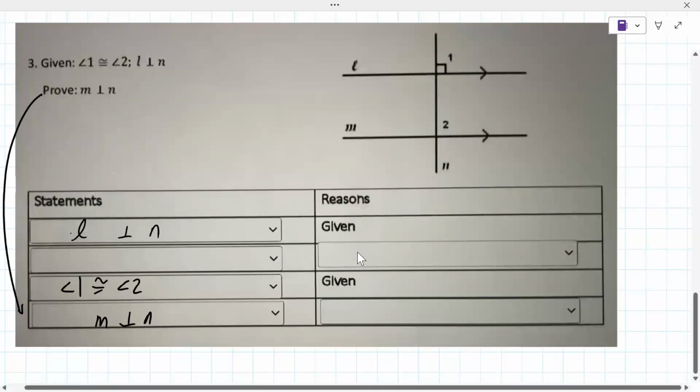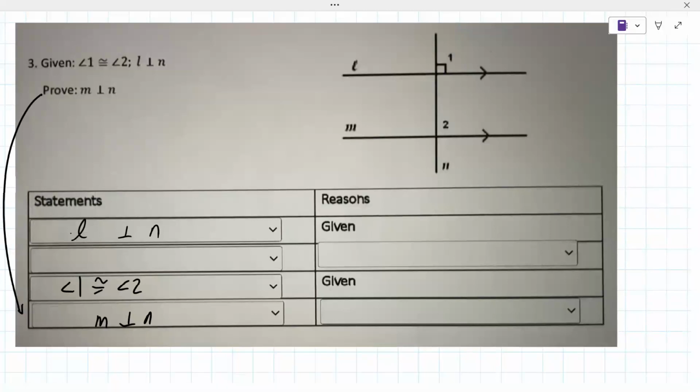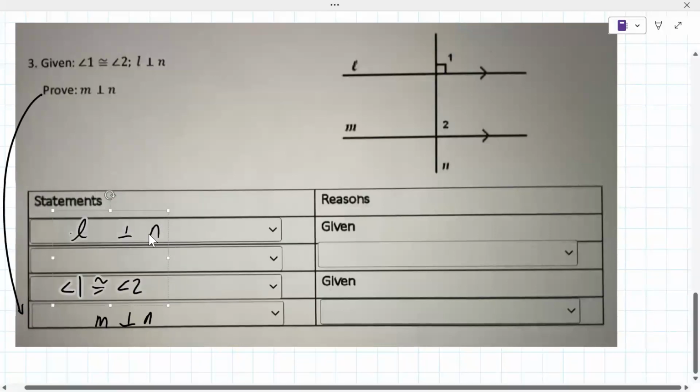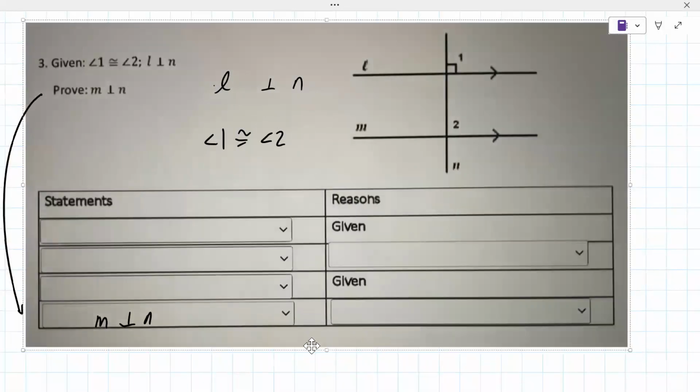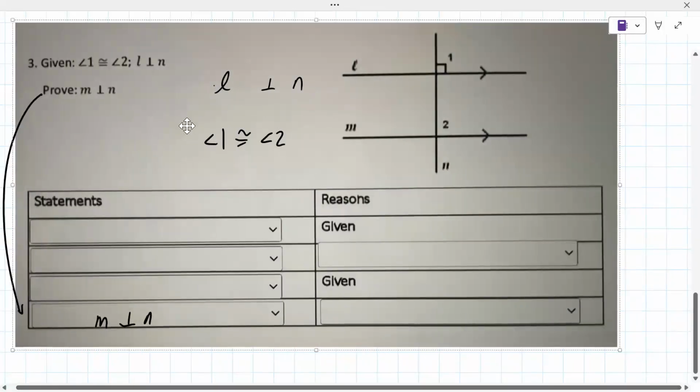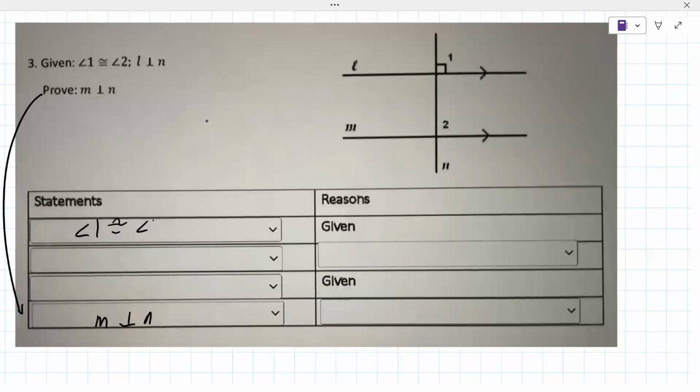It's pretty tough for me to... They're swapped. So this is angle one congruent to angle two, and this is L perpendicular to N.